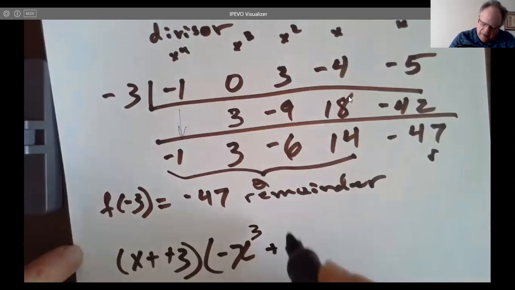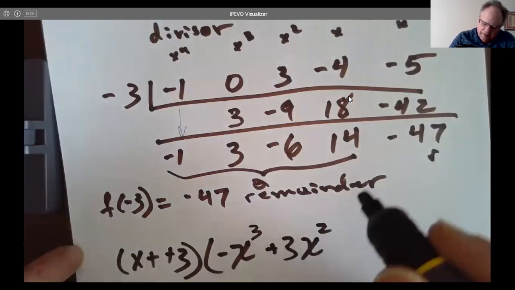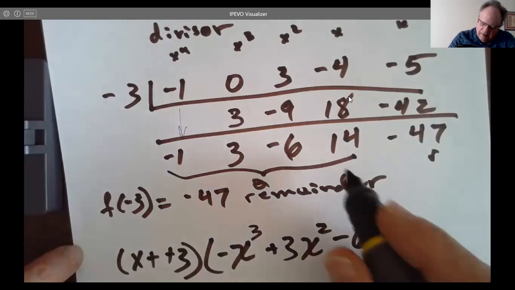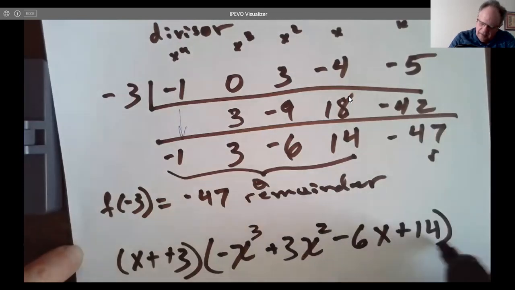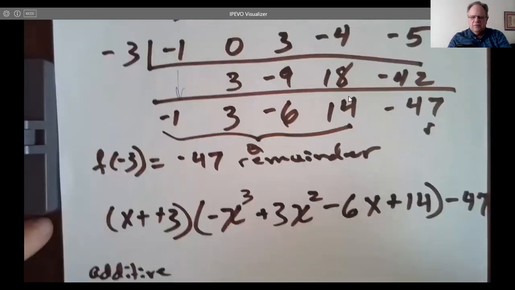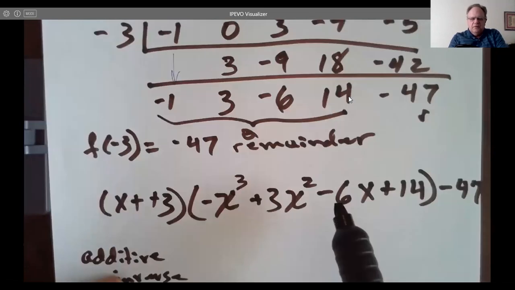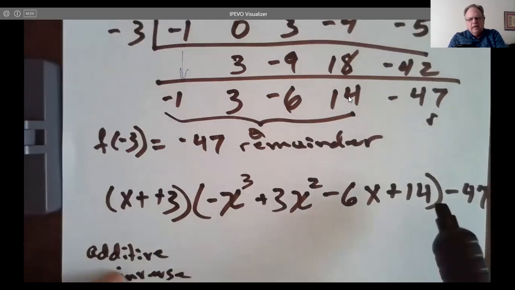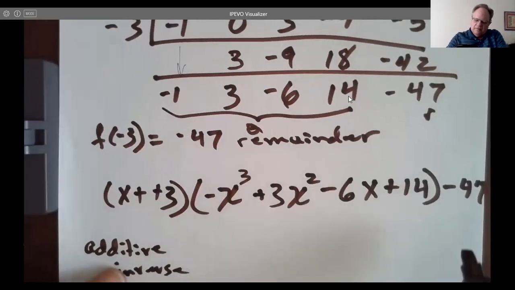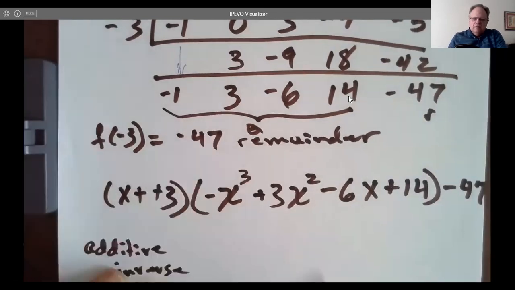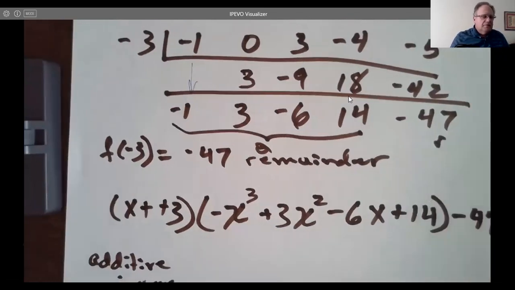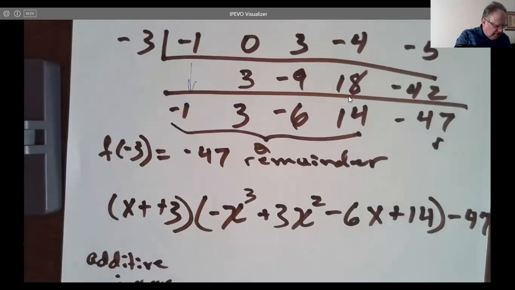Plus 3x squared, minus 6x, plus 14, and then minus your remainder, 47. So if you're given the divisor as a single number, your answer is going to be a different format where you take the divisor and move it out front. Okay, so that's that answer. Any questions with that?